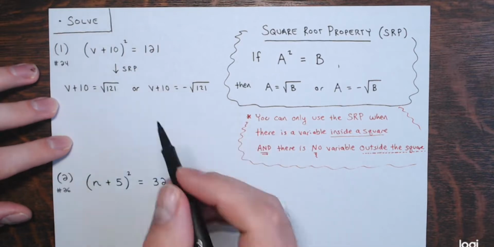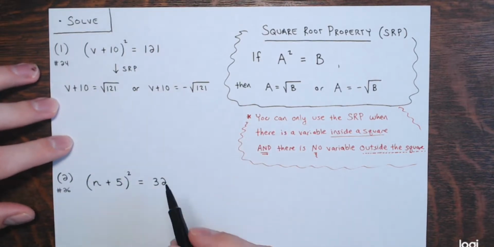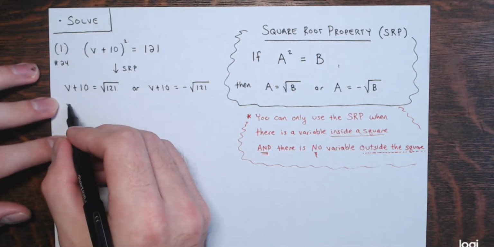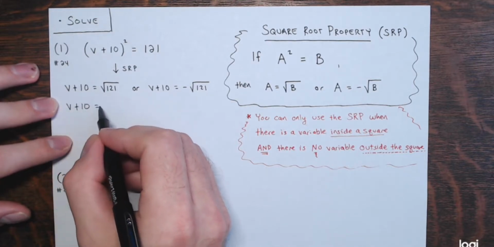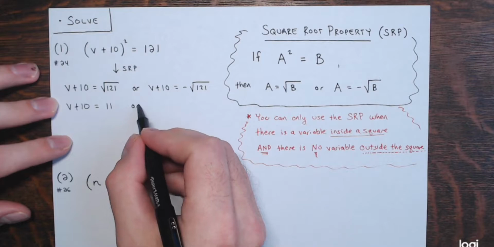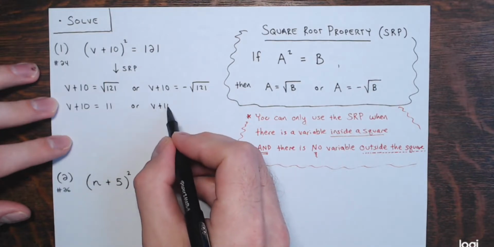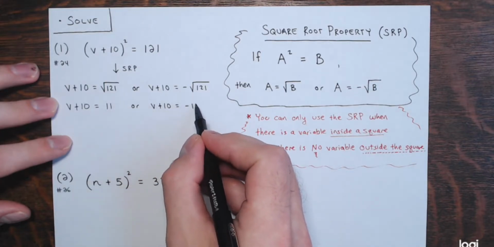Now the square root of 121 is 11. So either v plus 10 equals 11, or v plus 10 equals negative 11.